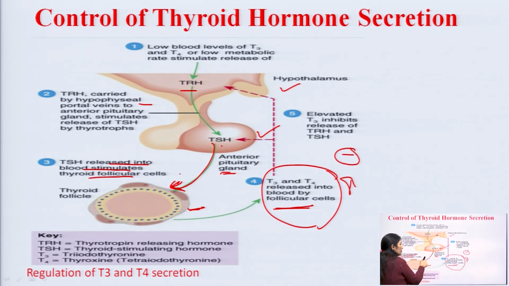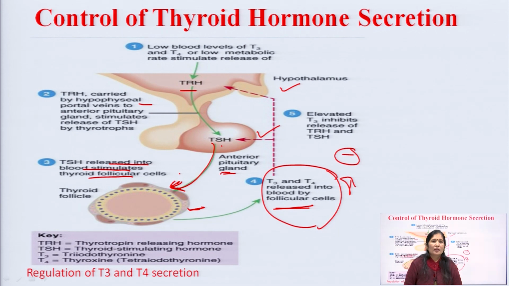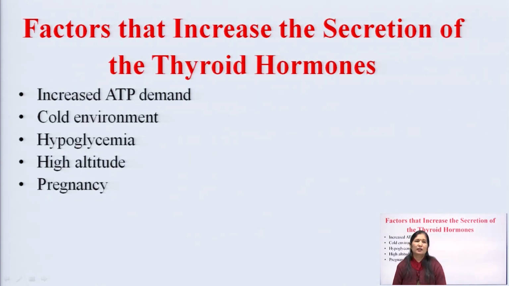This TSH through the blood will go to the thyroid gland and stimulate the secretion of thyroid hormones T3 and T4, and as soon as the T3 and T4 level rises in the blood, it will inhibit the release of TRH and TSH from the hypothalamus and anterior pituitary respectively. Thus it controls the secretion of thyroid hormone by negative feedback mechanism.